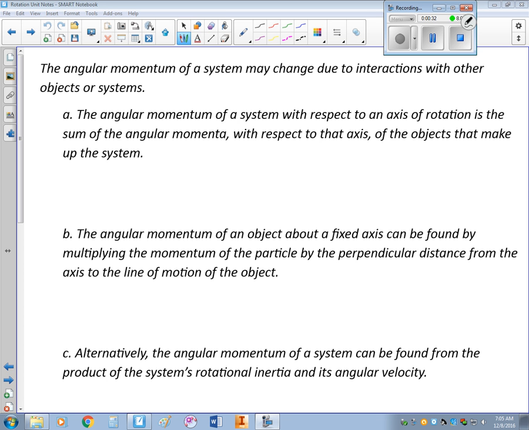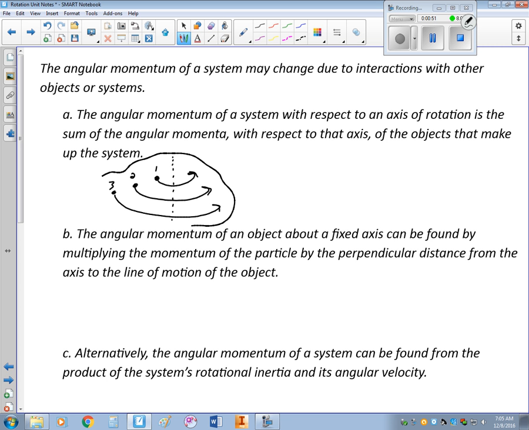Let's consider a system with particles in it, and all these particles are rotating around a center of axis, kind of like a solar system, if you will.